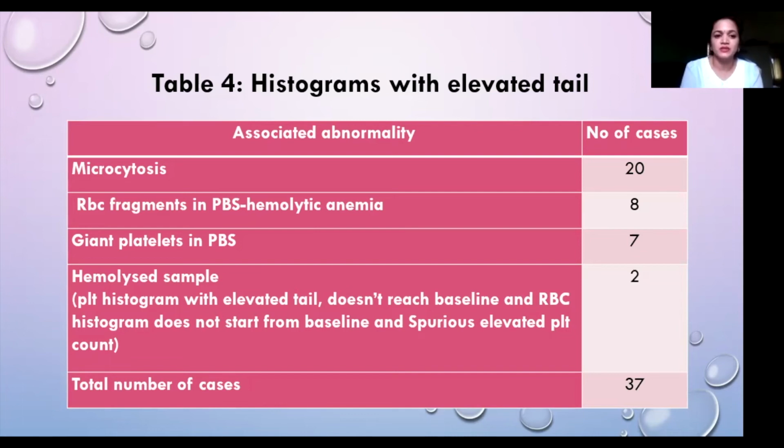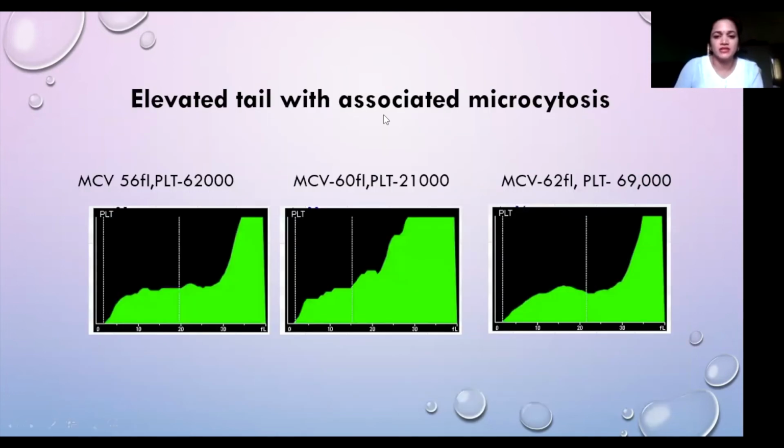This was seen in a good number of cases, and the patterns were as follows. The first one is elevated tail with associated microcytosis, where the peripheral smear showed microcytic hypochromic cells. MCV was 56 femtoliters in this particular sample, and the platelet count was 62,000.